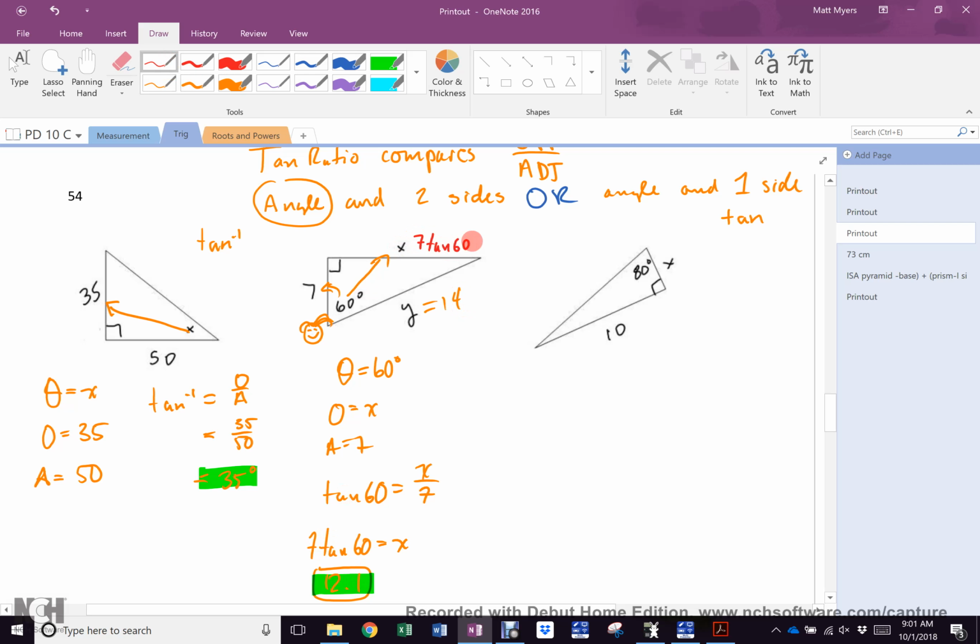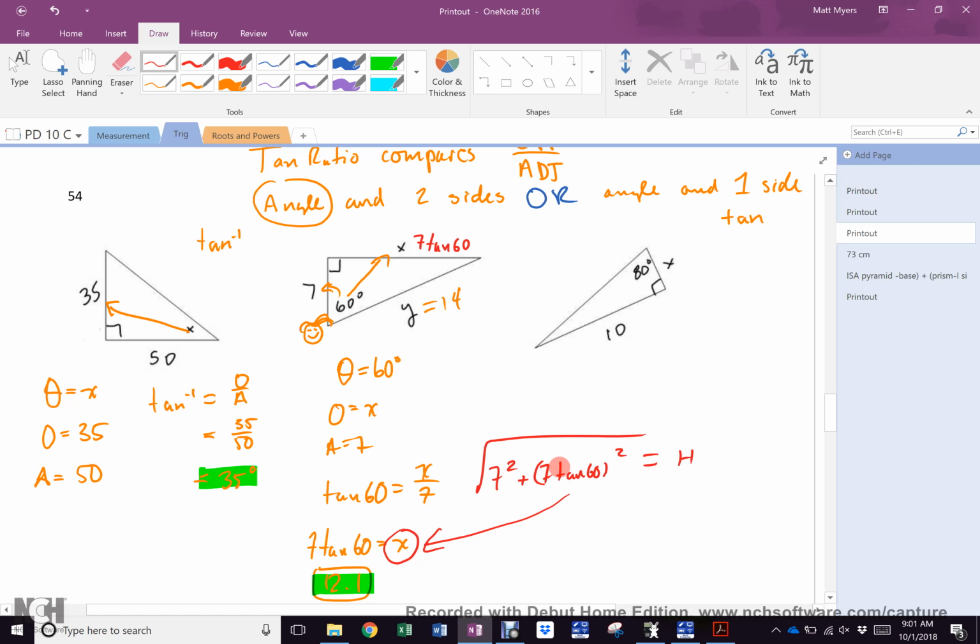Which means 7 squared plus 7 tan 60 squared, square root, is the hypotenuse. Some of you might go to there before you even touch your calculator and be able to punch that into your calculator all at once. Everybody with me? Now in this question, I actually wanted what x was, so you needed to do that anyway. But in another question, maybe I only want one of the measurements and you leave it all till the end.